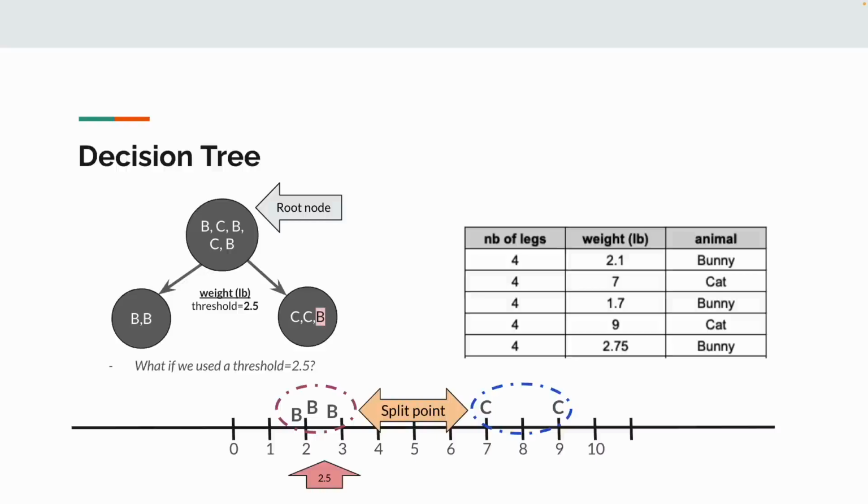To clarify, if you choose a threshold point of 2.5, then the configuration will be something like this: you store the threshold point 2.5, then you will have two bunnies in your left node and the two cats and one bunny at your right node. But this is just to learn how we are splitting data and creating nodes for a decision tree.